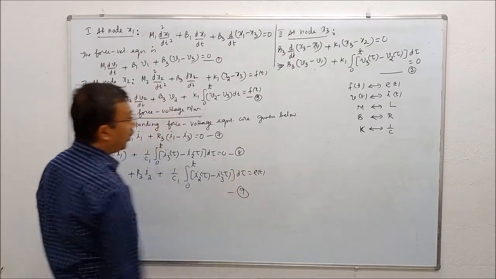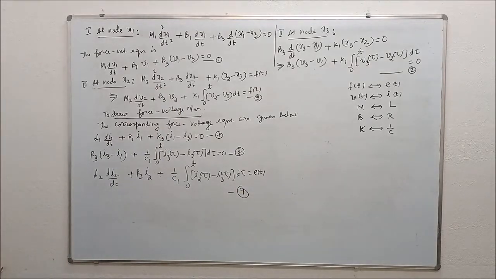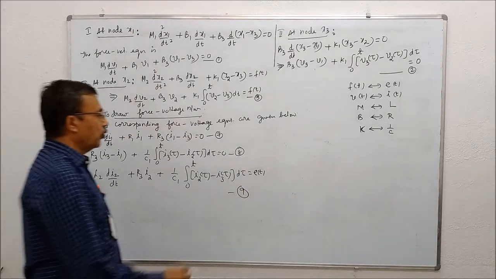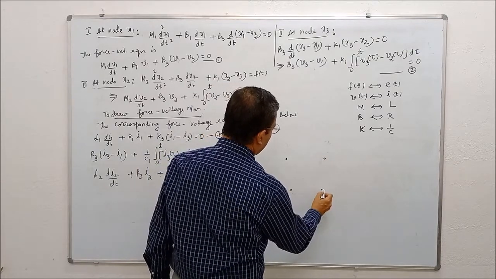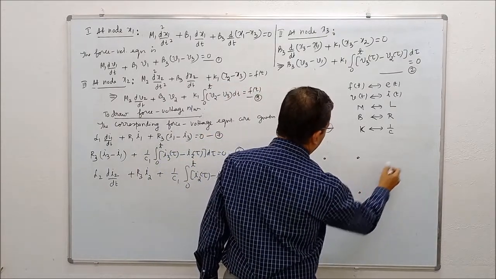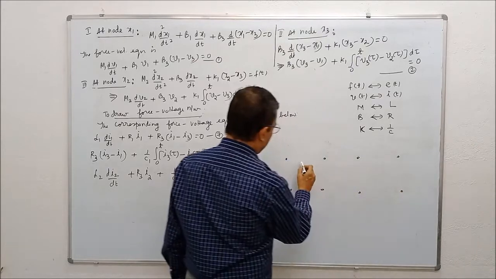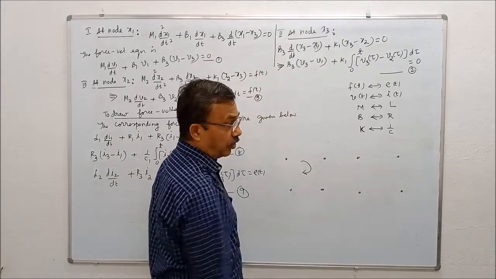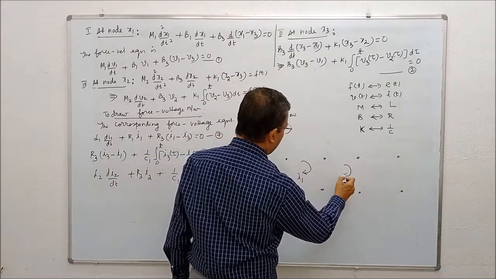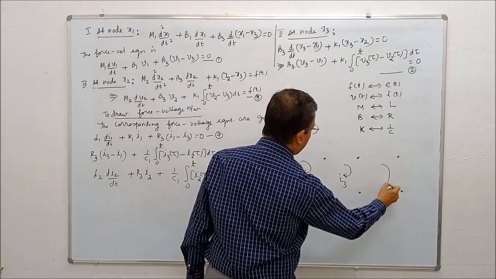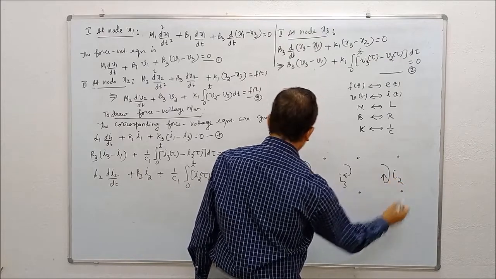Using equations 7, 8 and 9, we can draw the electrical network based on force voltage analogy. Take three mesh currents in the same order as we mark the nodes in the mechanical network. This is I1, this current is I3, this current is I2.